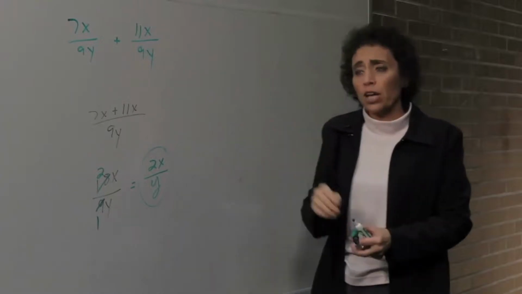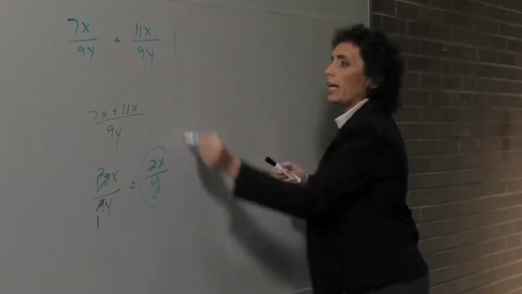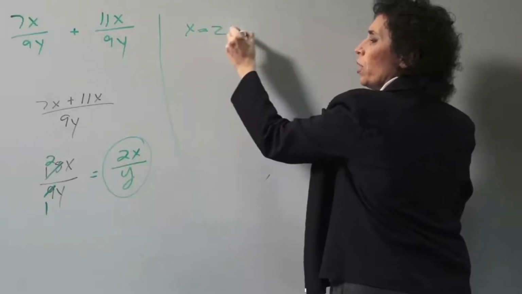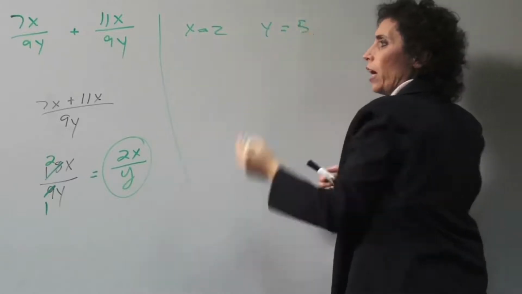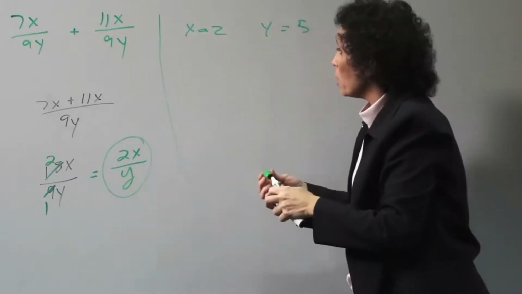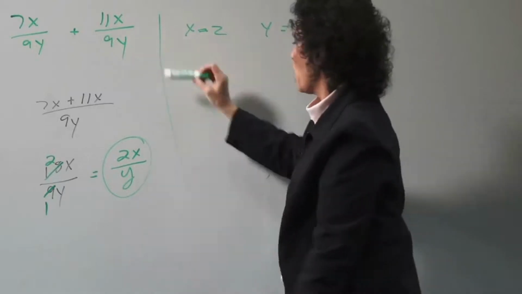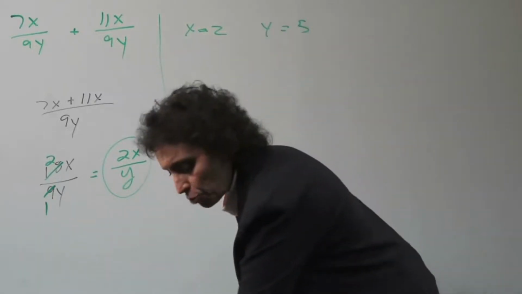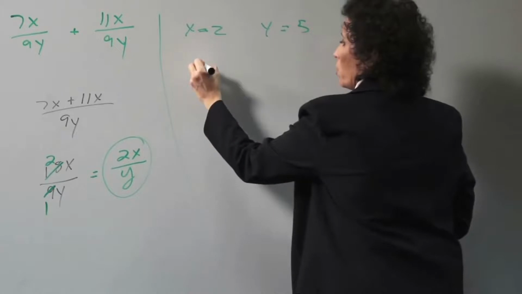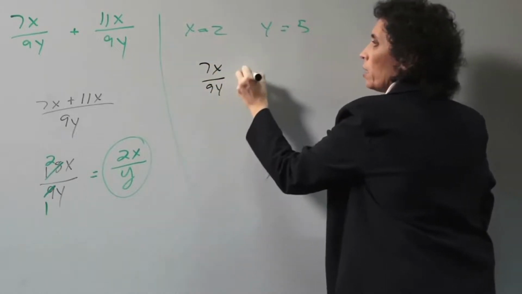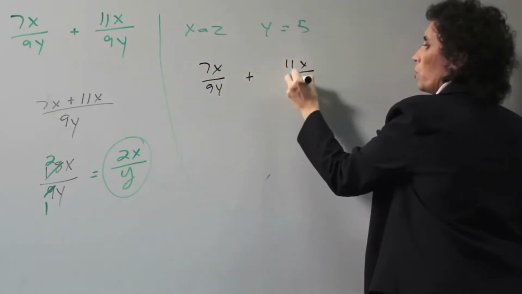And the other thing said, verify your answer by letting x equal 2 and y equal 5. Okay, so here we go. I'm going to plug it in up there first and then down here. So watch, I'm checking. 7x over 9y plus 11x over 9y.